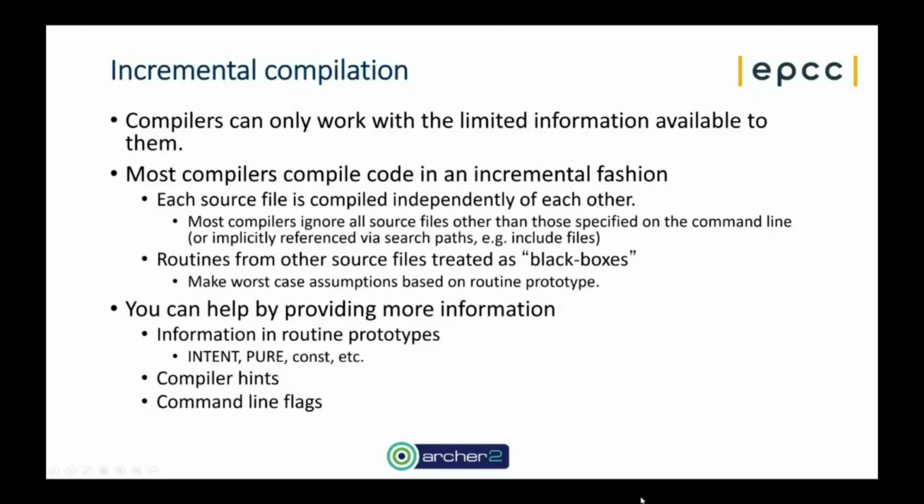One of the ways is when you write your programs, you can use some options in the language to tell the compiler things. So in Fortran, we can have these things, intent statements, which tell the compiler whether a variable that's an argument to a subroutine is updated inside the routine, or whether we expect data to be copied in or copied out, and that can help the compiler optimize how that variable is used inside the subroutine.